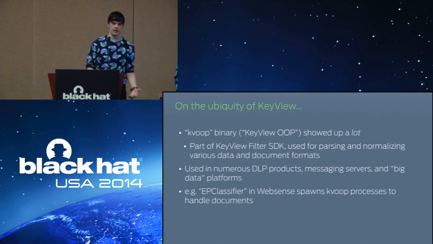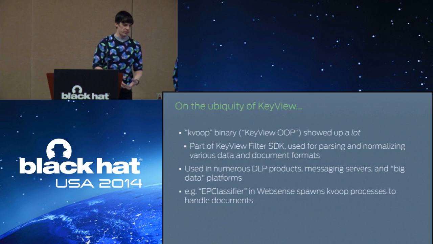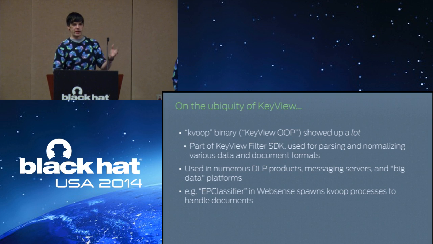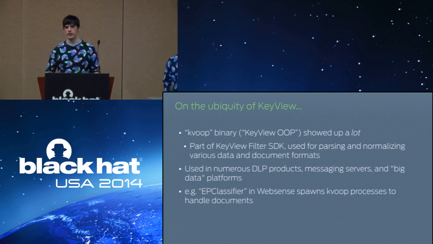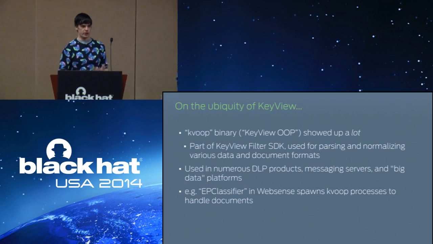KeyView is owned by the HP Autonomy division. They provide this SDK that is used to build filters around documents that KeyView parses. So you can have a Word document, PowerPoint, or some other unstructured or otherwise structured data, and normalize it into something that you can then apply rules to.